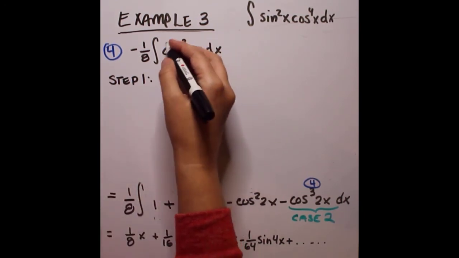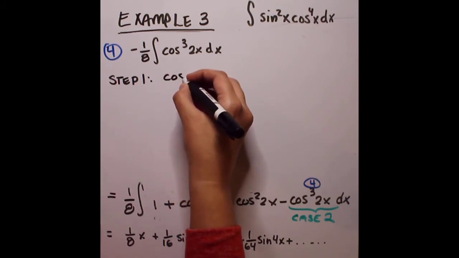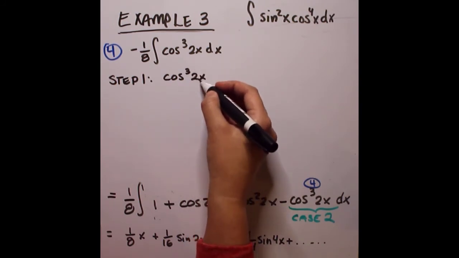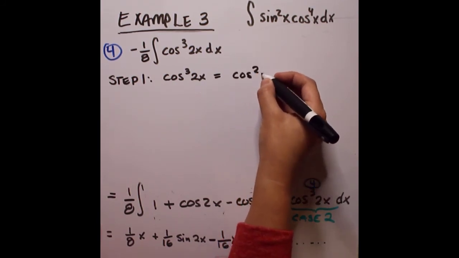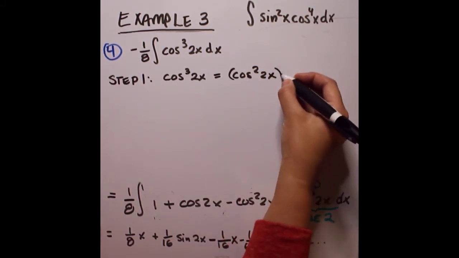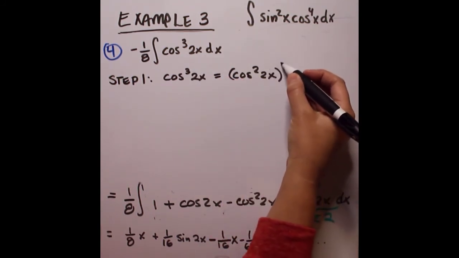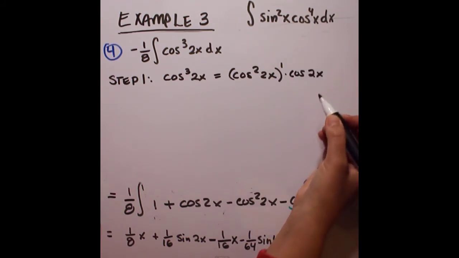So step 1 was to rewrite this cosine as 2k plus 1 with the powers. We're just going to say that cosine, in our case, cubed of 2x, notice your argument is 2x, not just regular x, is going to be written as cosine squared of 2x, and then think about how to get a total of 3, that's k is an invisible 1, times cosine of 2x.